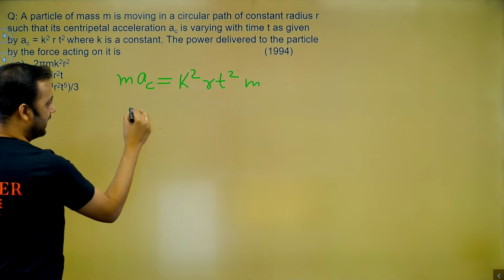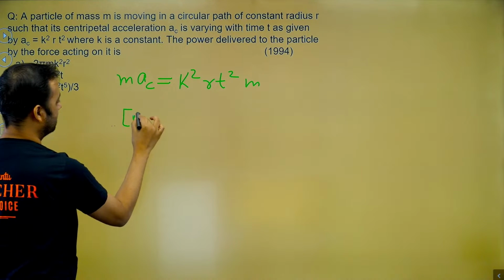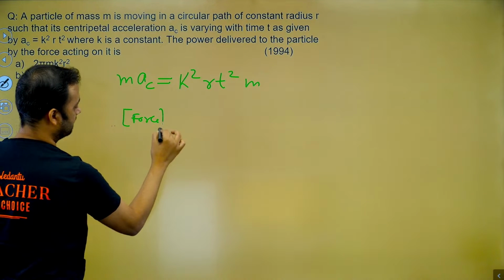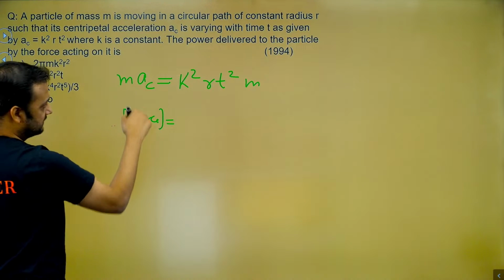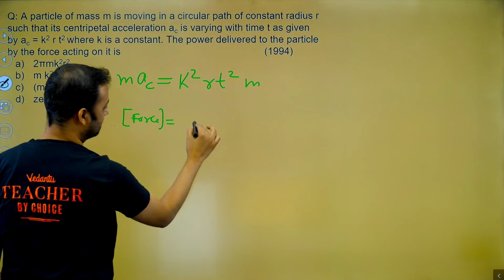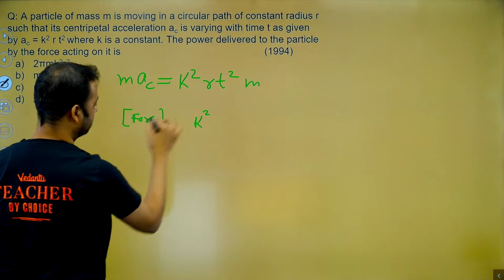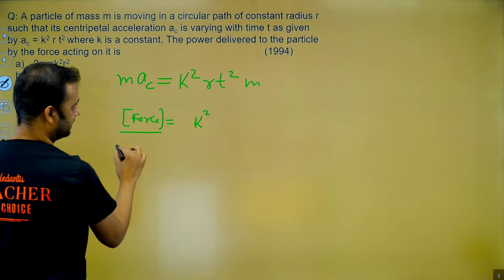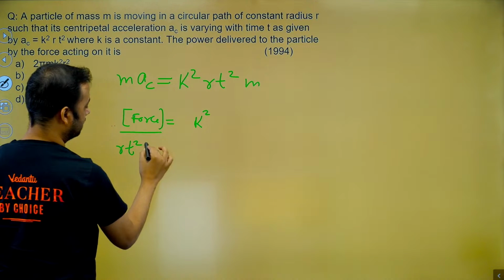And you know what is the dimension of force? So basically this becomes the dimension of force. From here you can say that the dimension of k square comes out to be the dimension of force divided by the dimension of r t square into m.